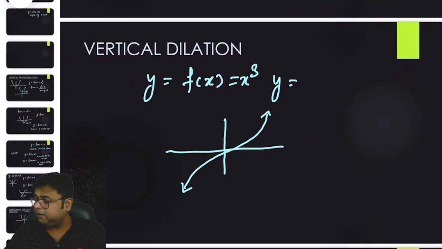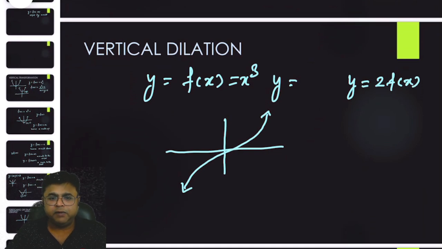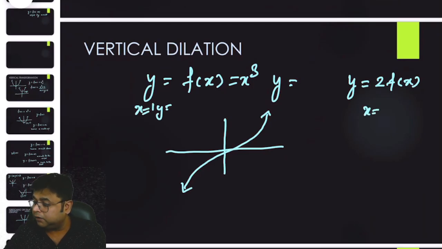But if I ask what is the graph of y equal to twice of f of x, I know that every y coordinate will increase by a factor of 2. So at x equal to 1, initially y was 1.